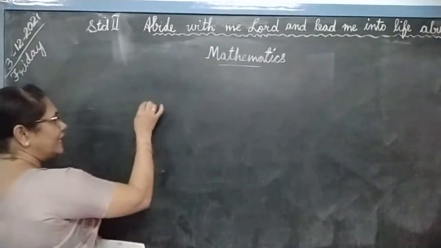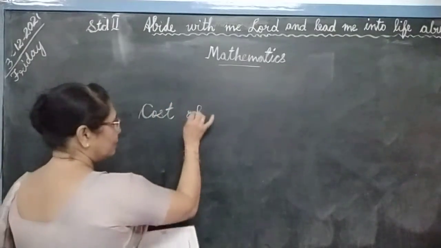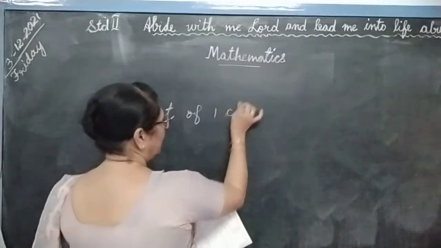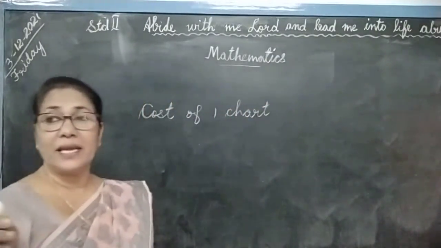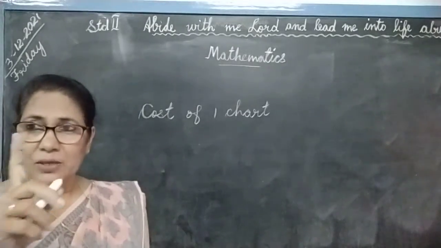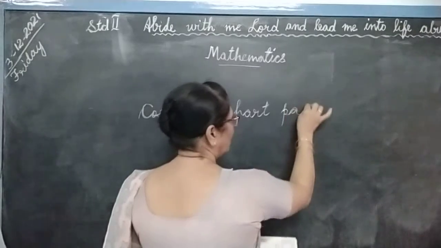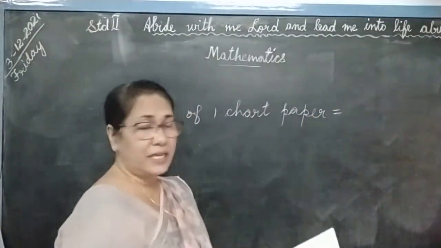It's already written there. Cost of what? Cost of 1 chart paper. Instead of saying 1, you can also say a. A means 1. What is the cost of 1 chart paper? 10. In that box, what do you have to write? 10.